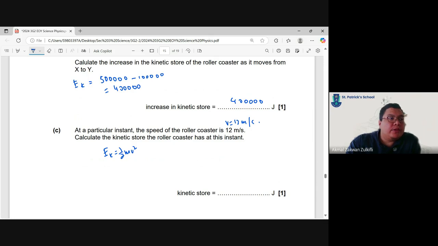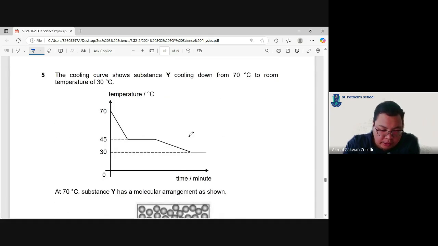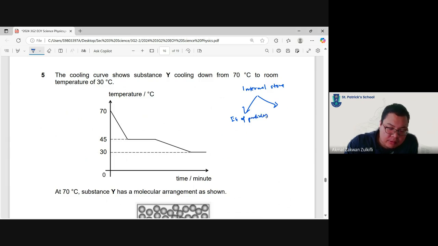Let's go to question 5. Cooling curve. If you want, you can immediately write this down: internal store is made up of the kinetic and the potential store of particles.